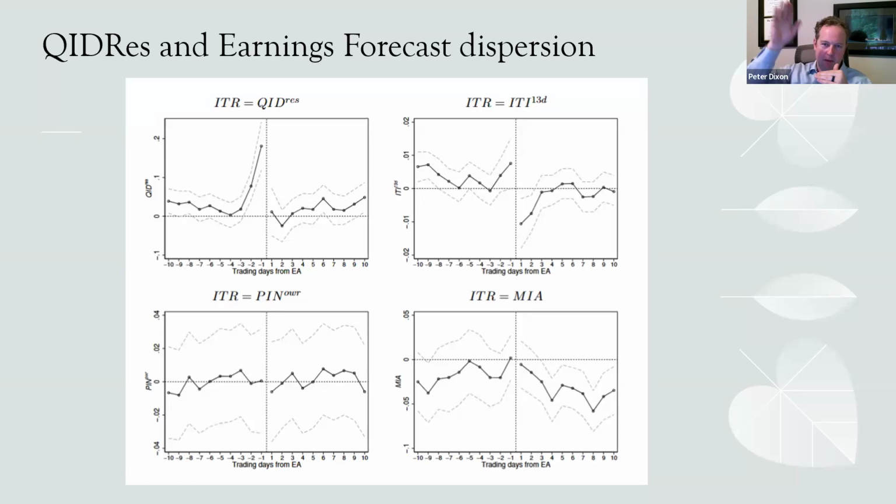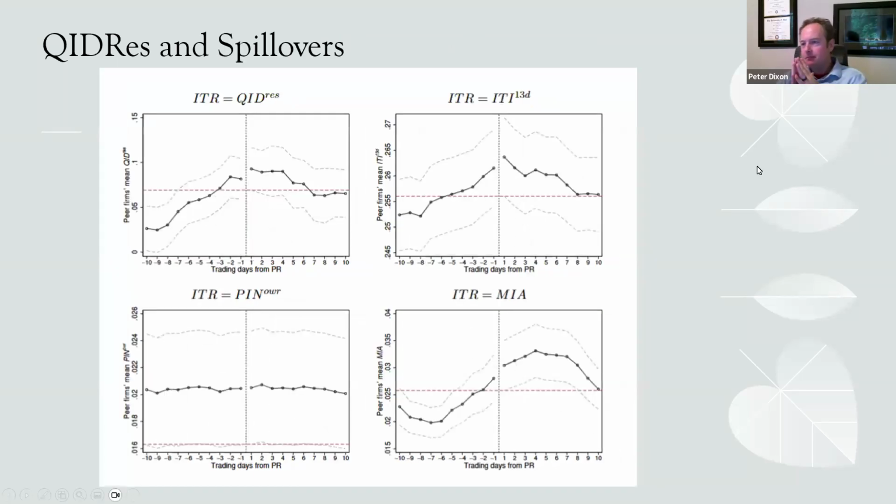We know that informed trading spikes around these earnings announcements, but it spikes additionally more if there's a lot of dispersion as measured by QuidRes, whereas none of the other informed trading measures capture that, which we think is one way we demonstrate the superior performance of QuidRes relative to these other measures.